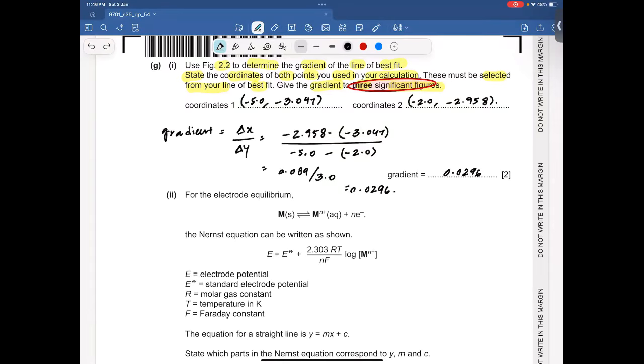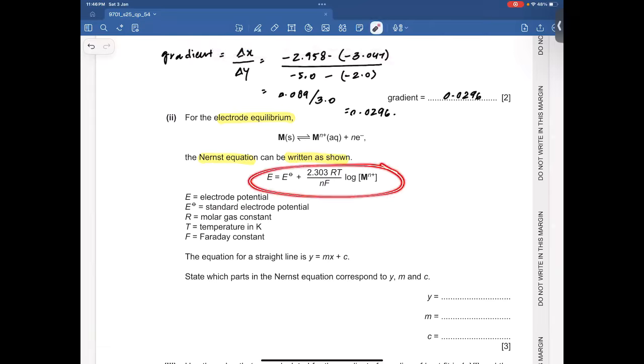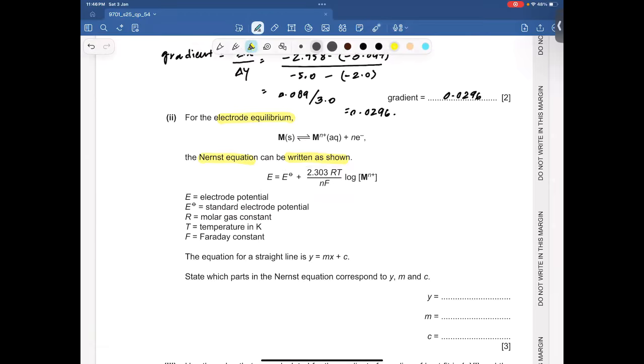Okay, yeah, that's fine. For the electrode equilibrium, the Nernst equation can be written as shown. By the way, that's the Nernst equation I've given you initially during the lecture in theory classes. Let me resolve this equation in a consolidated way. It must be equal to E naught minus 0.0591 upon n log concentration of M n plus.